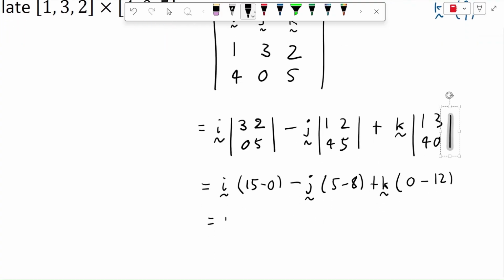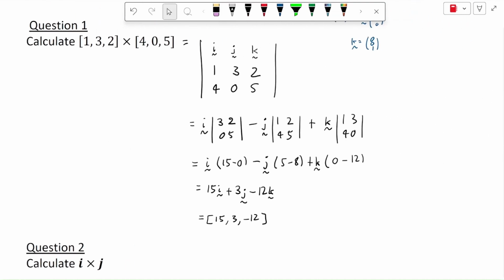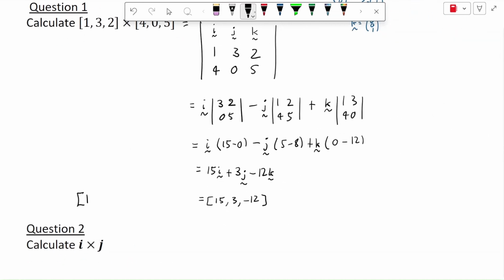So this is 15i. Take 3j, well, it becomes plus 3j because the two negatives will cancel out, the minus 3 and the minus in front of the j. And then it's take 12k. So if we write this back as a vector, that's going to be 15, 3, and minus 12. Just like that. So that is what you get when you cross these two vectors together.